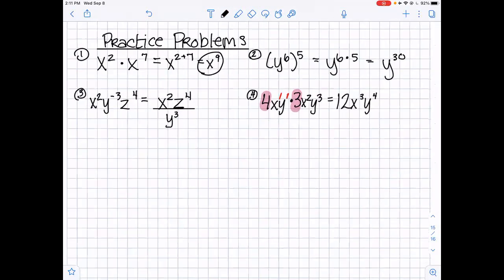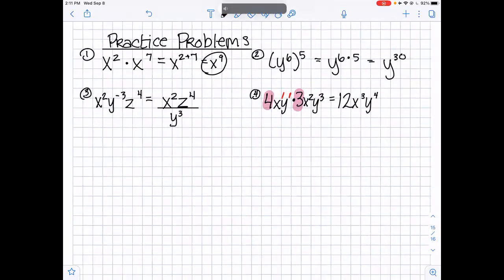Questions so far? Nobody has a question, are we sure? Never mind, I got it. All right. Look at this. No, it's not ugly. 5. 5x squared y to the third, all of that squared.